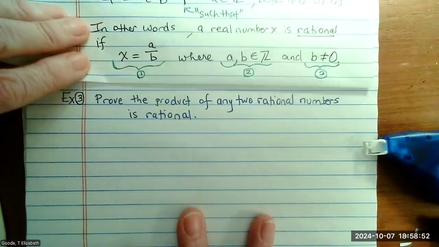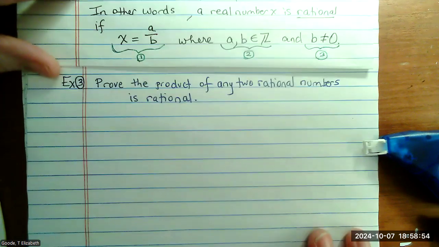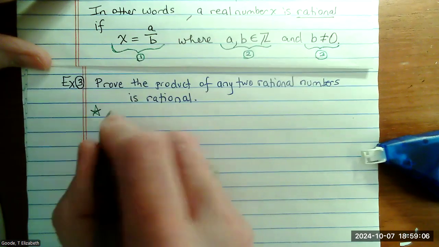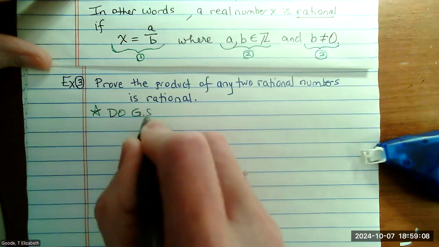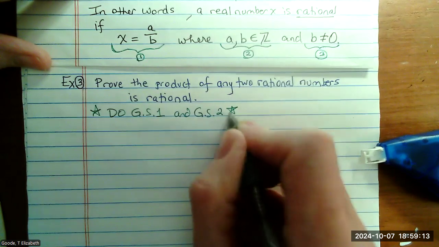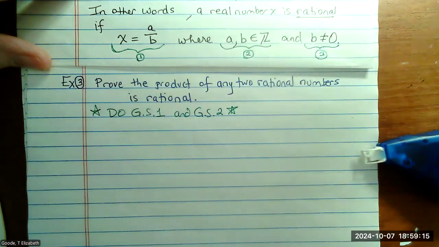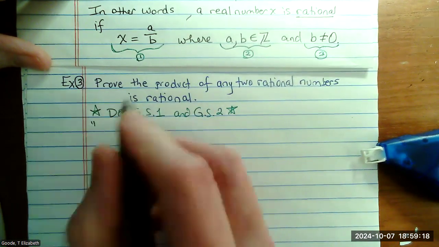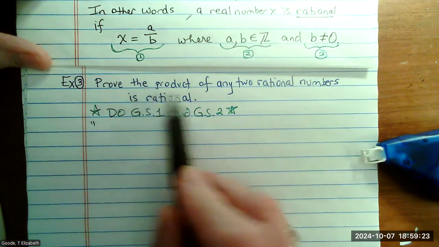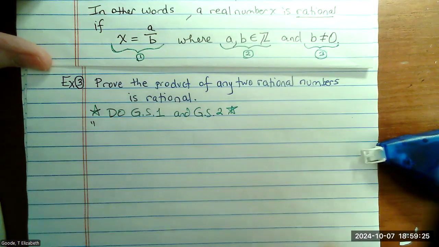All right. So it's the usual game. We're going to write it as an if-then statement so we can get our eyes on what we're going to take for our hypothesis and also on the conclusion that we wish to show. So you're going to see this over and over. Do good step 1 and good step 2 so that we can really see what we're trying to do here. Here we go. We're not going to include the word prove. We're just going to write: the product of any two rational numbers is rational.